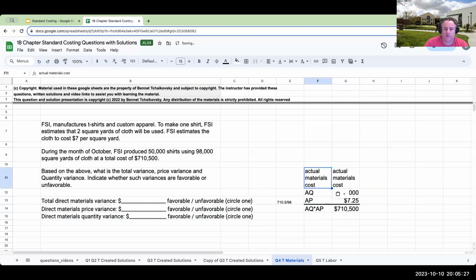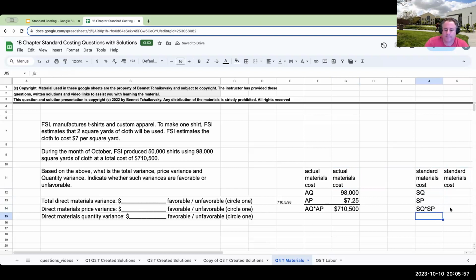Now, in terms of what we're going to compare this to, my budgeted or my standard materials cost, we have our standard quantity times the standard price, or SQ times SP.